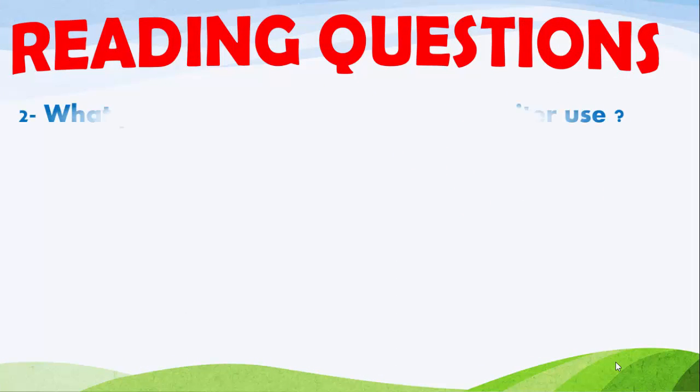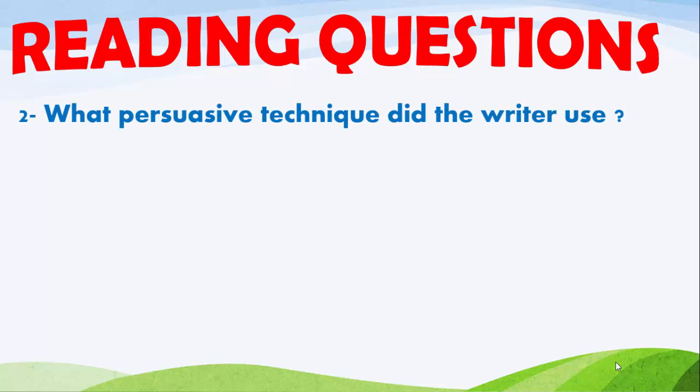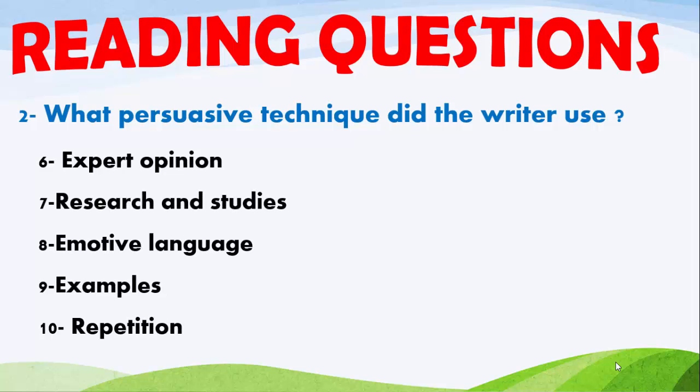And also we are still in this question. The persuasive techniques can also include expert opinion, or research and studies, or using emotive language, or using examples, or using repetition. There are too many persuasive techniques, but here I have mentioned the most common ones.